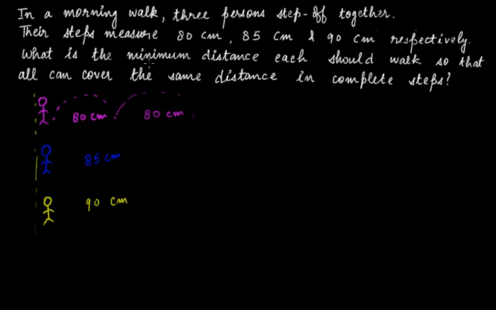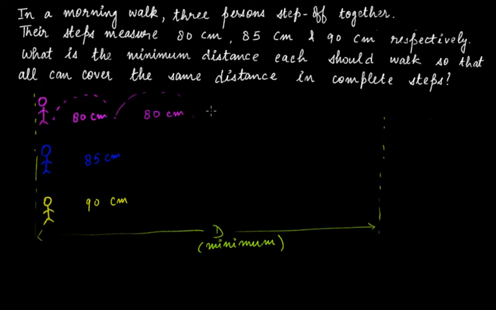So despite this difference in their step measure, there is a certain distance d from here to here. This is the least or minimum distance at which all these 3 can reach, using their complete or full steps.